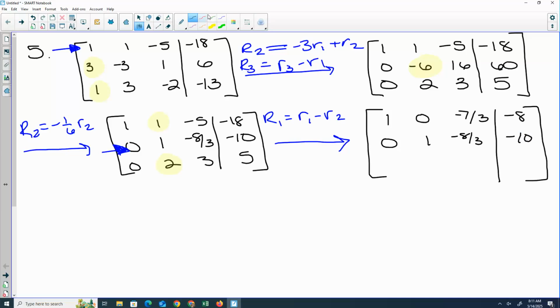Okay, row 3. Think about if you were going to eliminate. You would have to take row 2 times what? These are like variables. This is like saying a 1y and a 2y. So if I told you to eliminate y, you'd have to take this row times -2 and then add them together. So I'm going to do -2 times the second row and add it to the third.